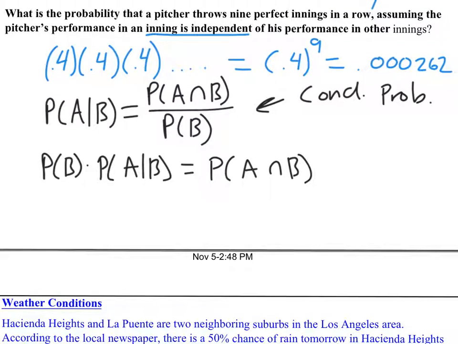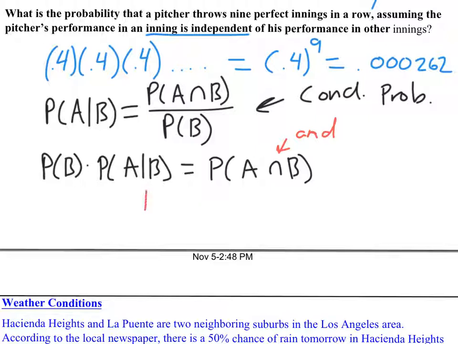So this would be good to get the probability of any problem that says, you know, the first event and the second event. And here it's really 9 events, 1 for each inning, okay?